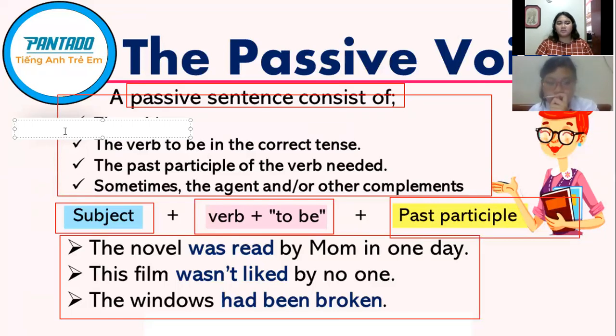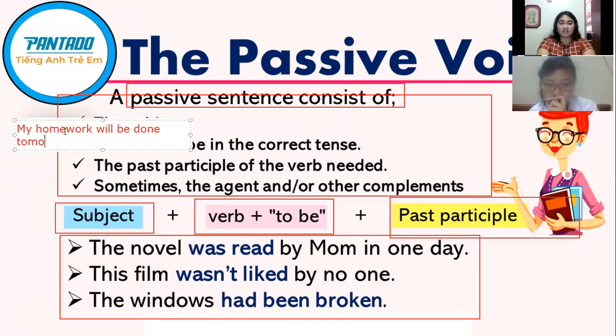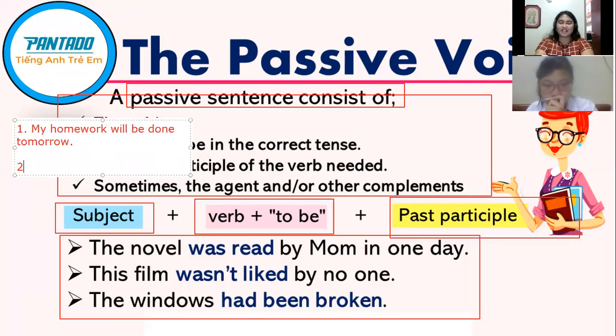My homework will be done tomorrow. Yeah, because done is already the past participle and to be is will be. Very good. You can see here, this is the verb plus to be and this is the past participle. All right, my homework will be done tomorrow. Good job.